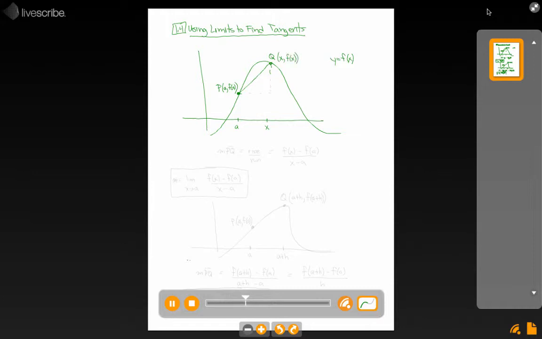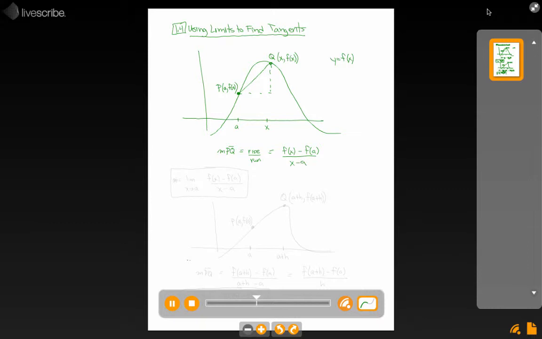So the slope from P to Q, the slope of that little secant line, is just going to be rise over run, which, as we know, is change in y-coordinates over change in x-coordinates. So f of x minus f of a divided by x minus a.